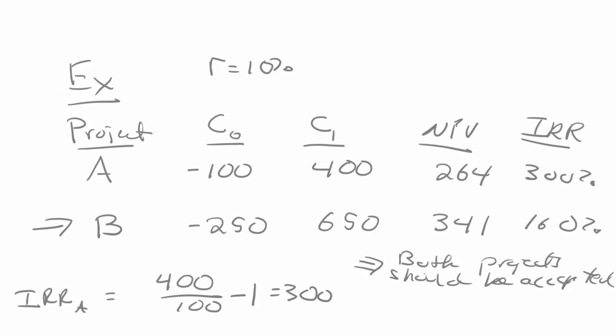So we're comparing 341 and 264. 341 is bigger than 264, so we should choose B. But what about the fact that B has this lower IRR? Well, it doesn't matter because B can be done at a larger scale.